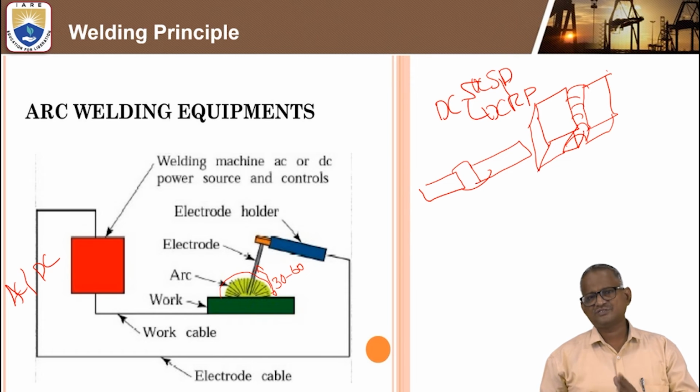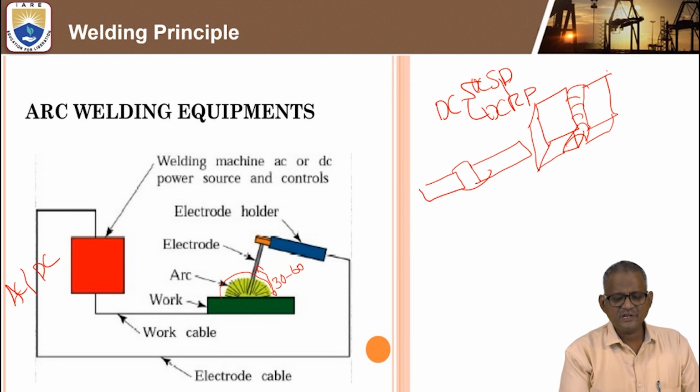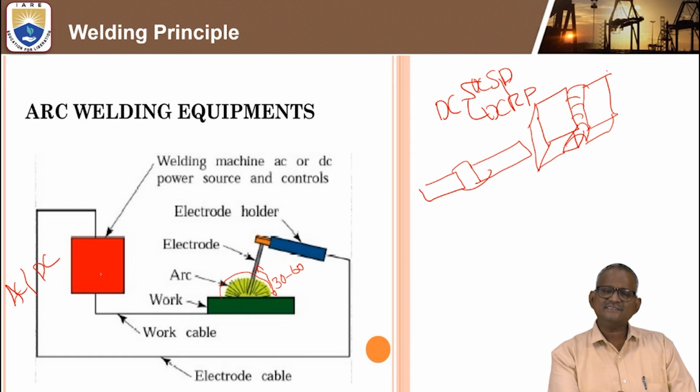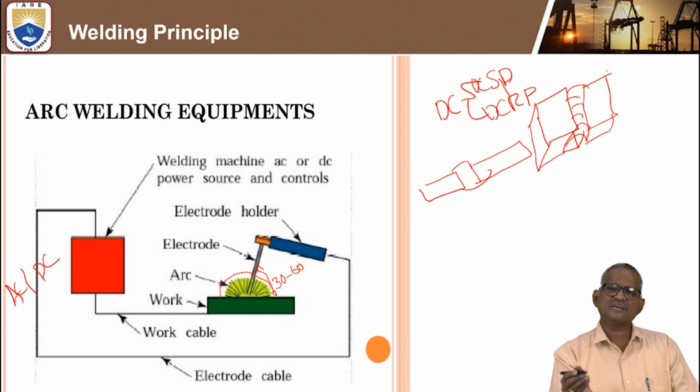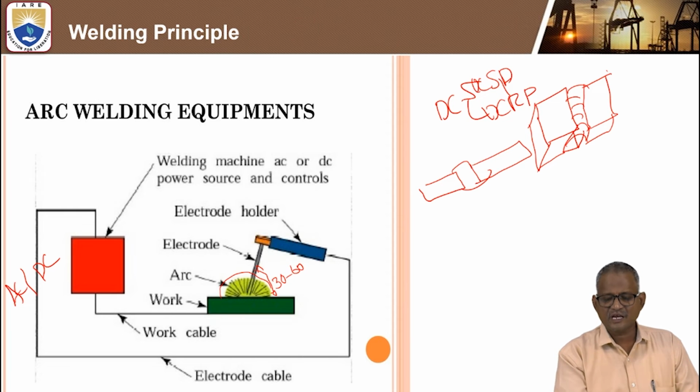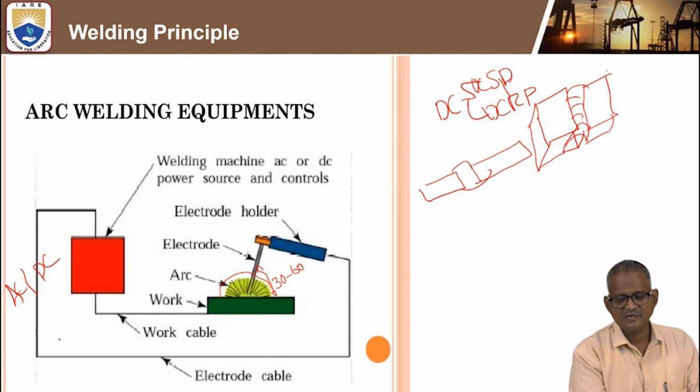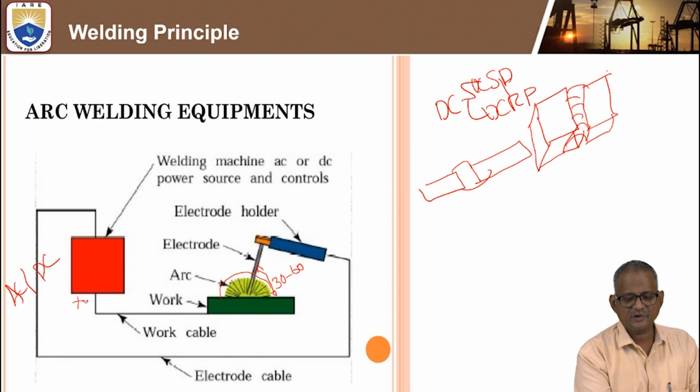First we should check the proper generator, either AC or DC, and how the connection of the positive and negative will be kept, whether the workpiece is kept positive and the electrode negative, yes or no. That is also very important. So here the workpiece will be kept positive and the electrode is kept negative.